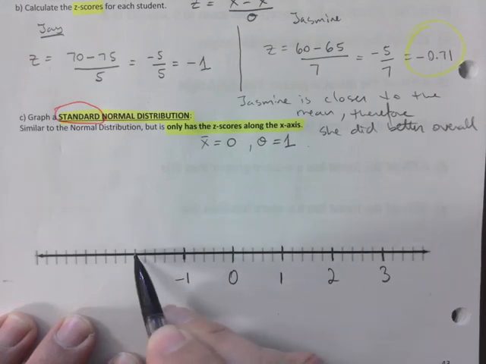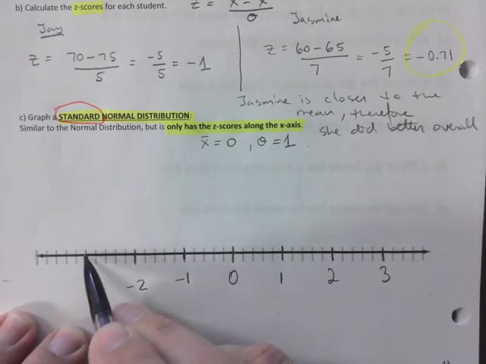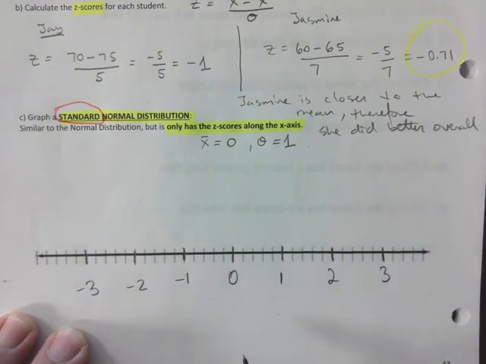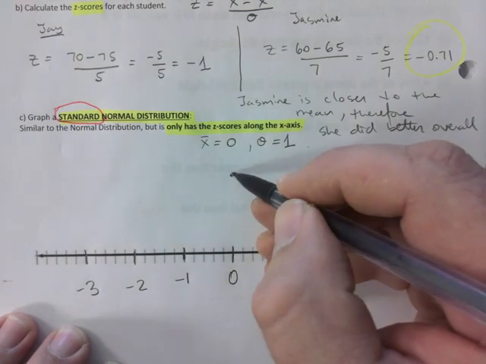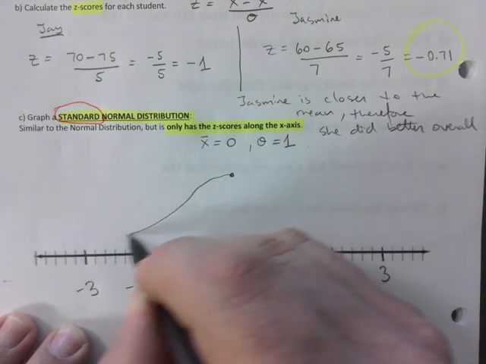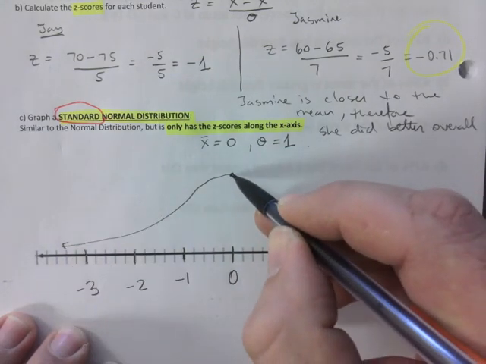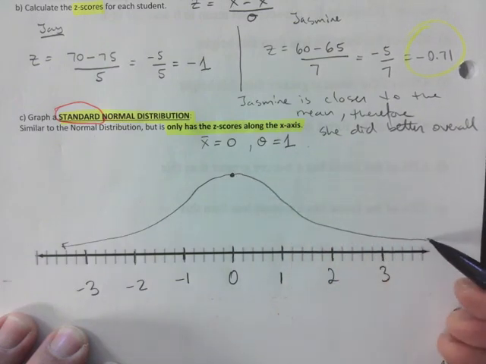So I'm doing this to scale, right? You've got 3 standard deviations to the left, 3 to the right. Go to the top, make your little mark there, taper off. Same thing here, taper off.